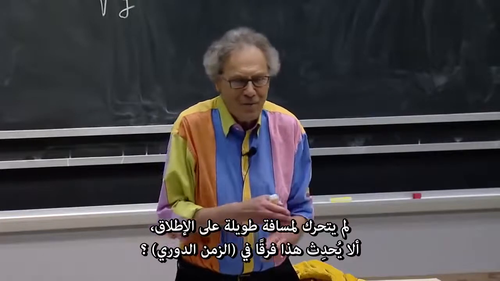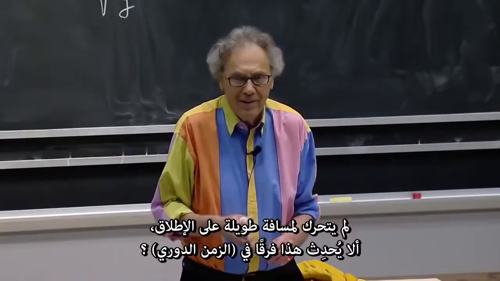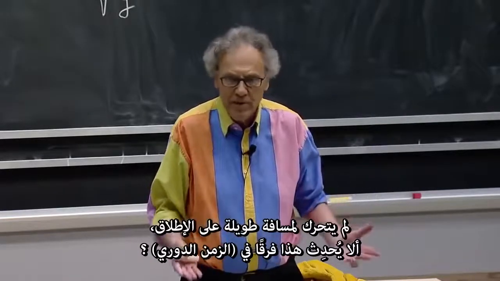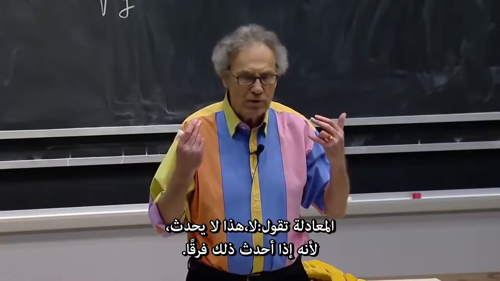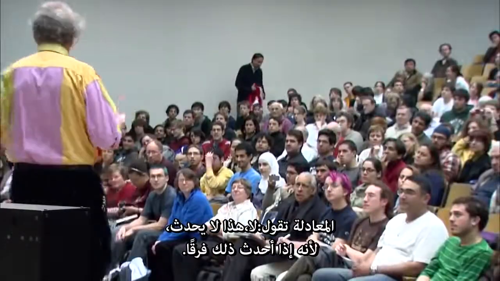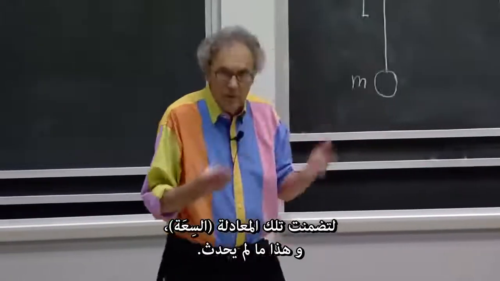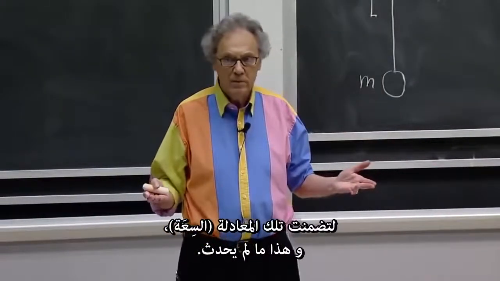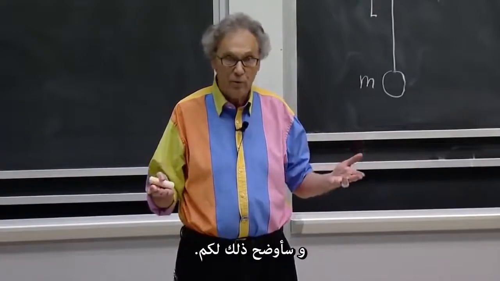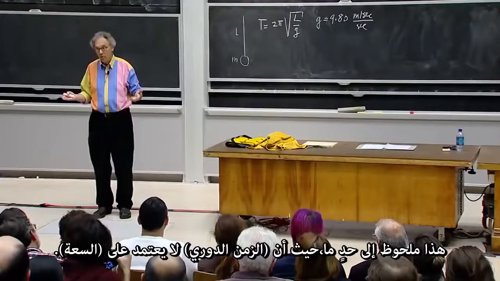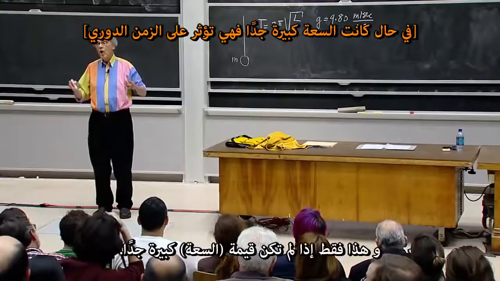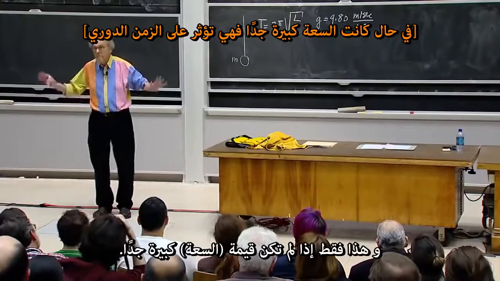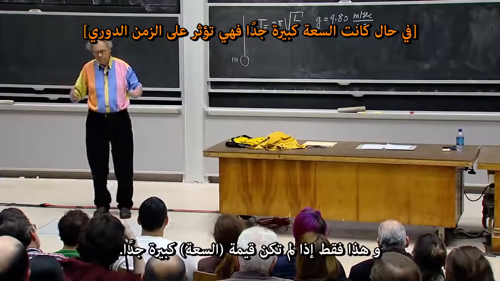It doesn't have to travel very much at all. Doesn't that make a difference in the period? The equation says no, it doesn't. Because if it did make a difference, there would be in that equation the amplitude, which is not. And I'm going to demonstrate to you that it is quite remarkable that indeed that period is independent of amplitude if you don't go to extreme values of the amplitude.